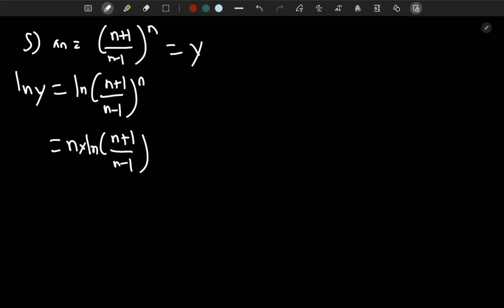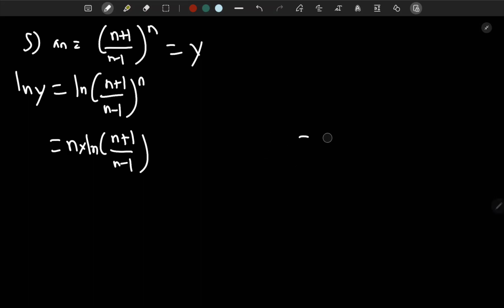What can we do here? One thing we can do is write n as 1 over n to the power of negative 1, which is the same thing as n, but we want a fraction to be able to use L'Hopital's rule. I did explain all this in my video on L'Hopital's rule, so you can check that out, but this is pretty basic stuff.